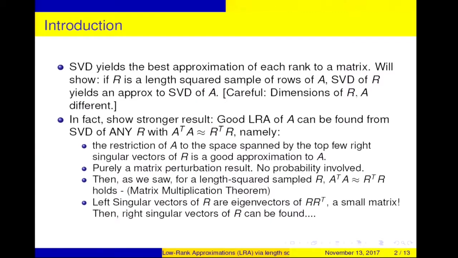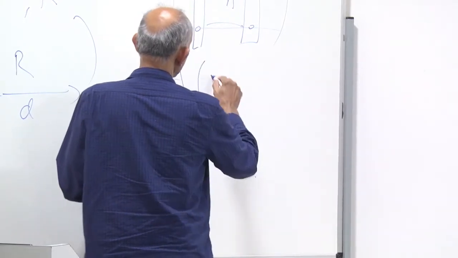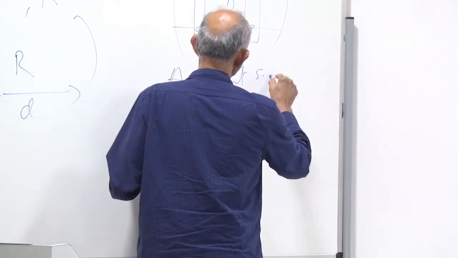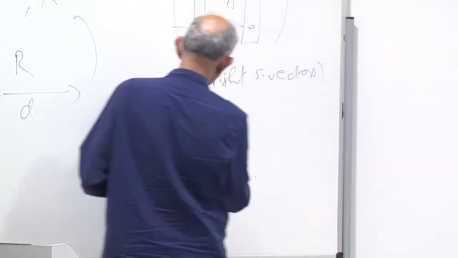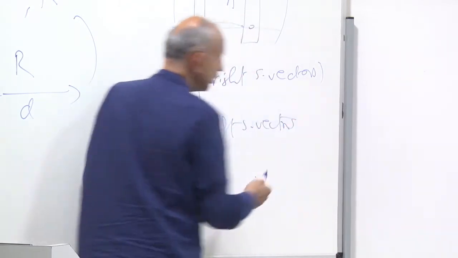I'm sorry. The left singular vectors can be found from this. These are just eigenvectors of R transpose. We saw that the spectral decomposition of R transpose is related to the singular value decomposition of R. So the left singular vectors can be found. And then you find the right singular vectors by folding them in, right? So we saw that if I take a matrix A and multiply on this side by the right singular vectors, I get the left singular vector, and vice versa.